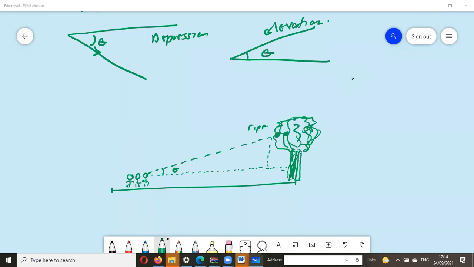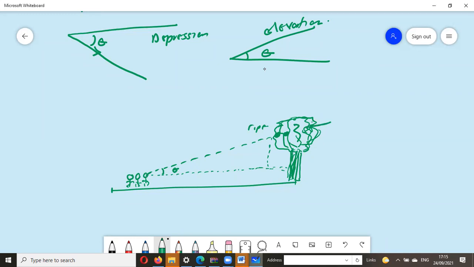Oh, you don't climb trees. Yes, Praise. Suppose Jojo climbs trees also. Yes.